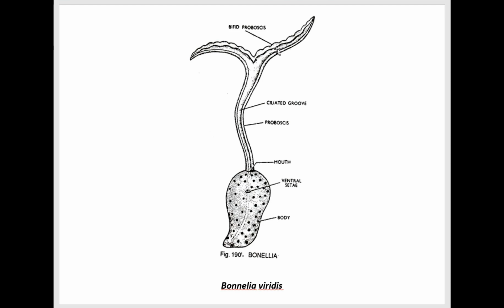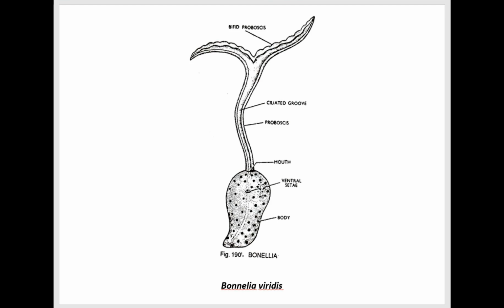Then they begin to get nourishment from the proboscis of the female Bonellia, and gradually migrate down to the female genital system, where they live as parasites, gaining nourishment as well as the effect of certain hormones secreted in the female genital system.